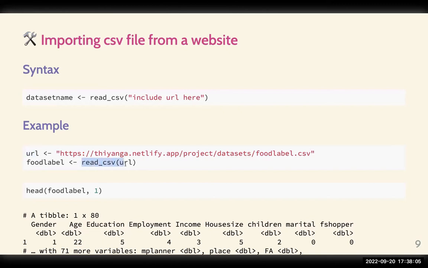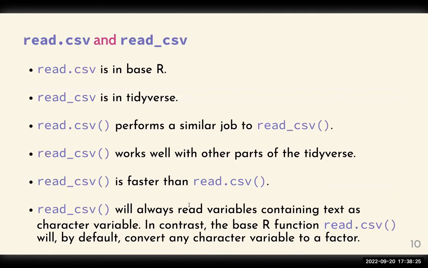Now here you can see food_csv. Here I pass the URL. If you type head(foodlabel, 1), you can see the first row of the data set. Actually, this is a very big data set, and here you can see I have 80 variables in the data set.